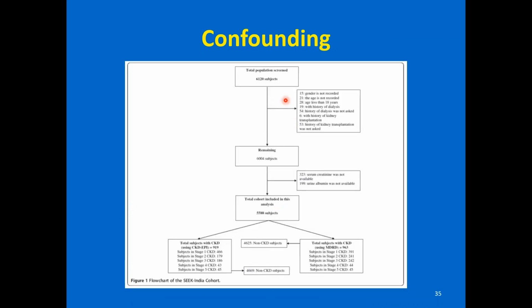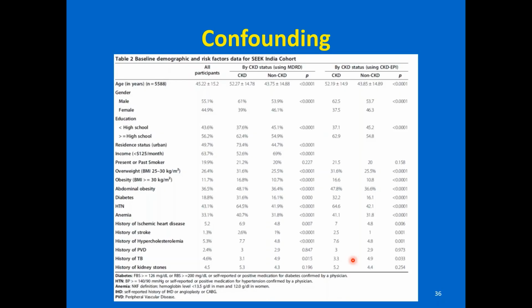Here we screened subjects and analyzed about 5,500 of them to identify CKD using the CKD-EPI equation and using the MDRD equation. Here I'm presenting the baseline demographic and risk factor data for the SEEK India cohort, for all participants, and then by CKD status, CKD and non-CKD, using the MDRD equation and the CKD-EPI equation.